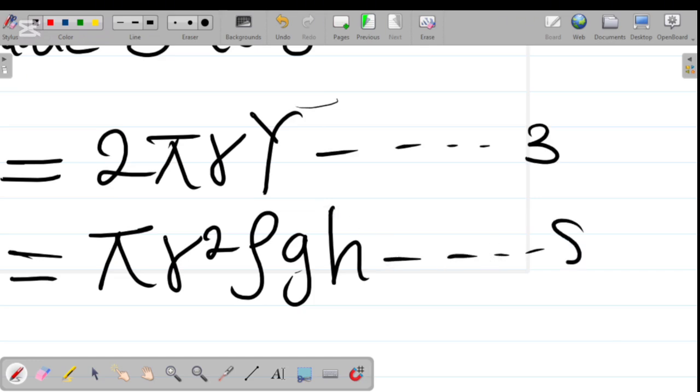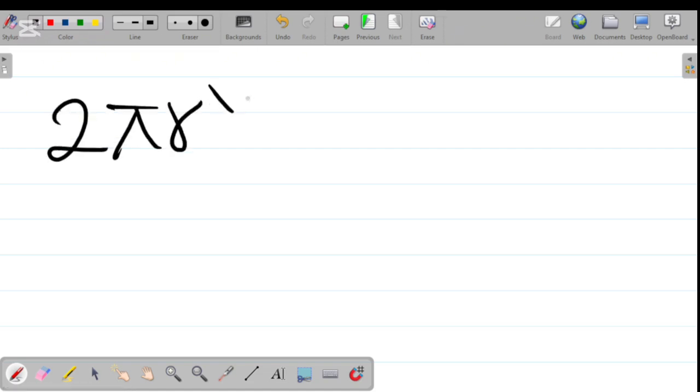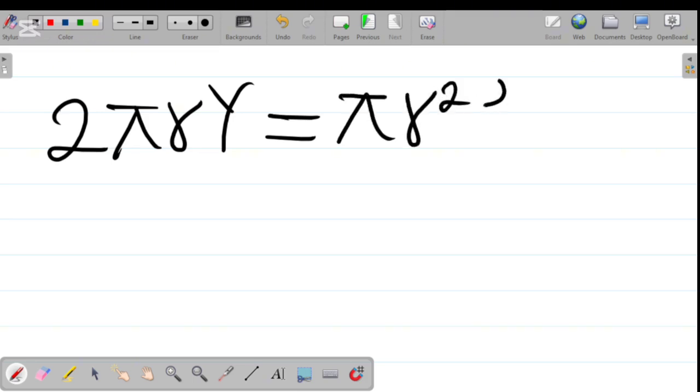So if we equate equation 3 to equation 8, we would have 2 pi r gamma is equal to pi r squared rho GH.